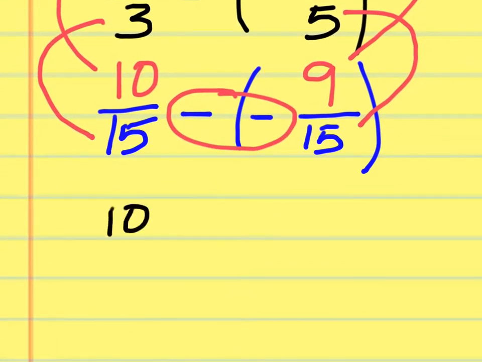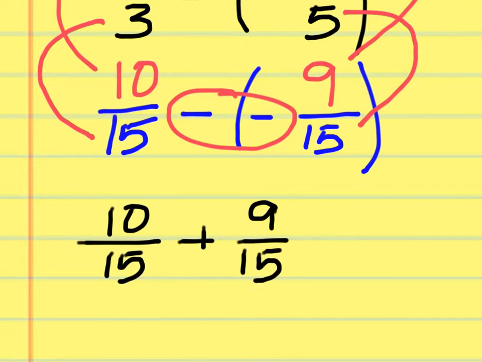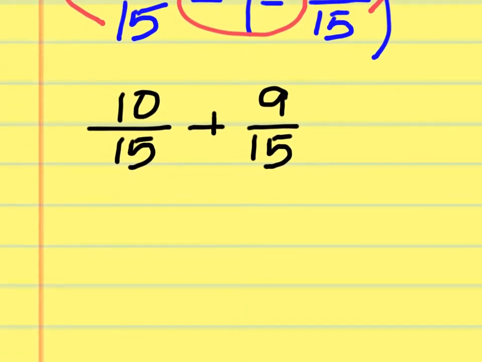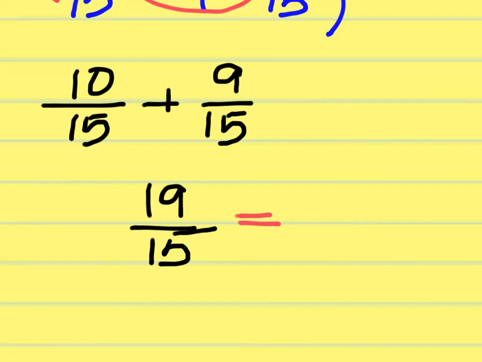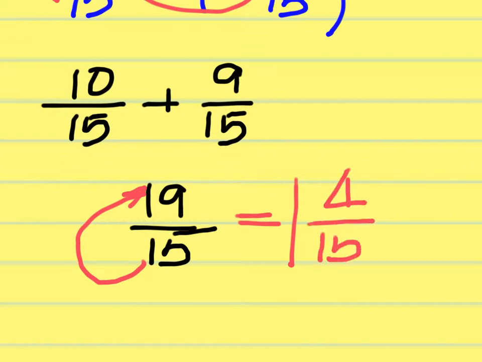So it's really 10 over 15 plus 9 over 15. And the answer is 19 over 15. 19 over 15 as a mixed number is 15 into 19 once with 4 left over. So you could put 1 and 4/15 as well.